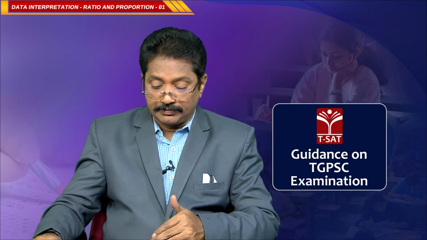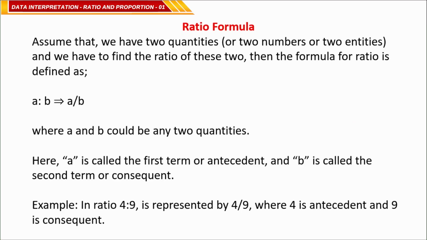Clear? Okay. So, what is the ratio formula? This is very important. We assume that we have two quantities, two numbers or two entities, and we have to find the ratio of these two. Then the formula for the ratio is defined as A is to B, you can say A by B, correct. Where A and B could be any two quantities of the same kind.